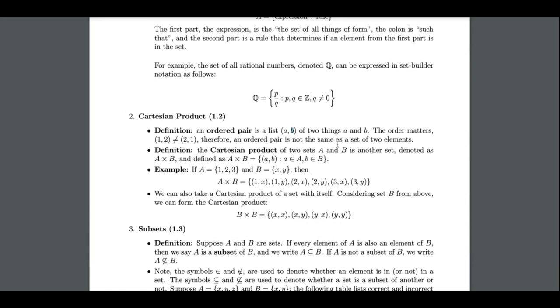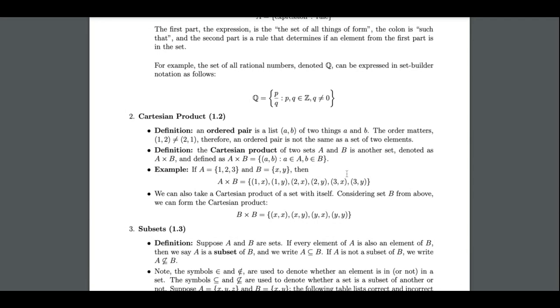So an ordered pair is not a set of two elements. We do not use the curly bracket to represent it. If we use curly brackets and put a, b in it, that would make a set that has A and B as elements.